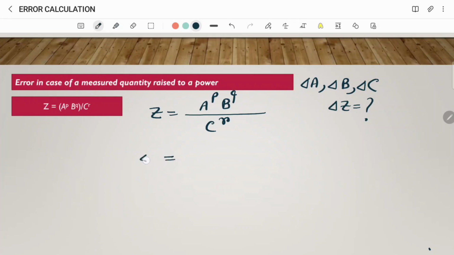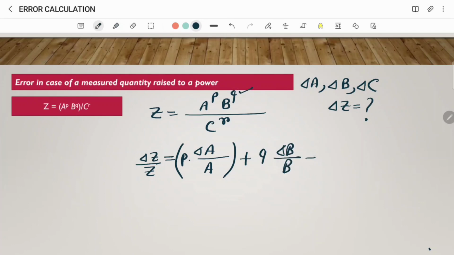So we can write the error in the measurement of z as p multiplied by the error in the measurement of a, plus the error in the measurement of b multiplied by this power q, and the error in the measurement of c as r delta c by c. So this is our error.